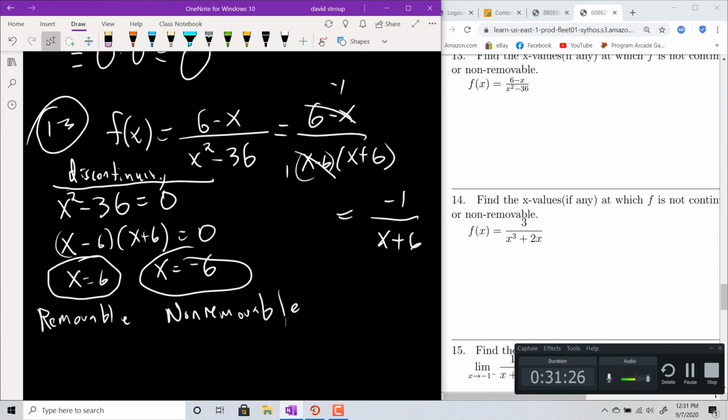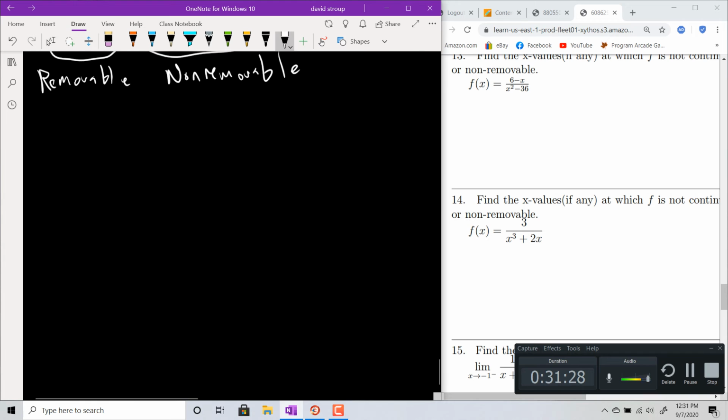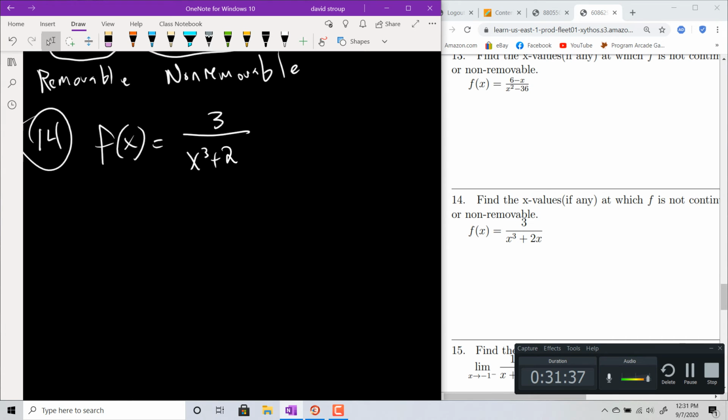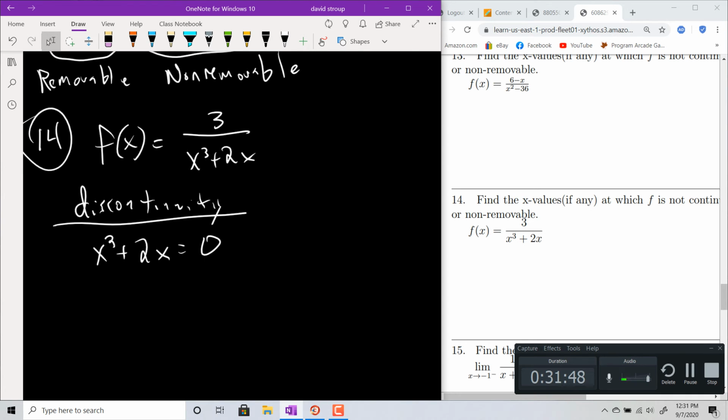All right, let's look at number 14. Again, same question. It's the same kind of function. So I have 3 all over x cubed plus 2x, and I'm looking for discontinuities, and I have to classify them. Okay, so I have x cubed plus 2x is 0.